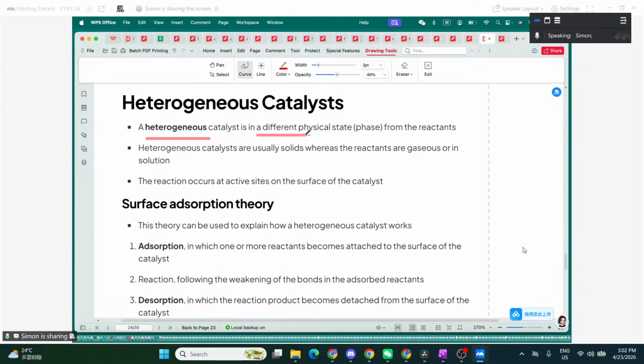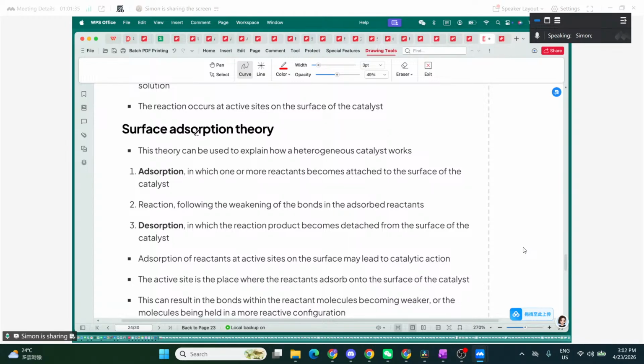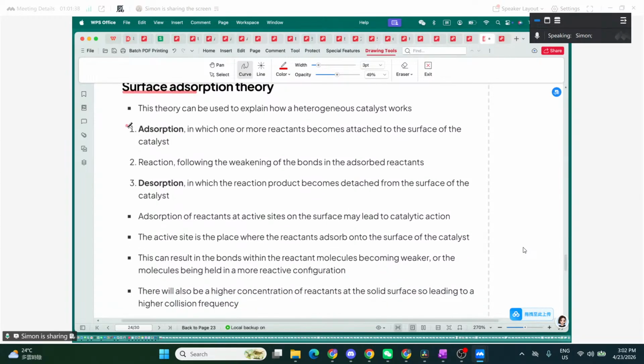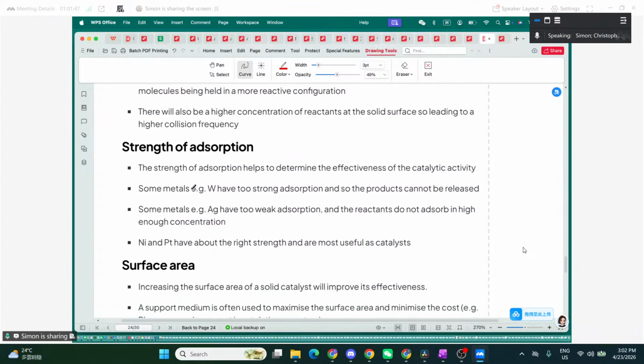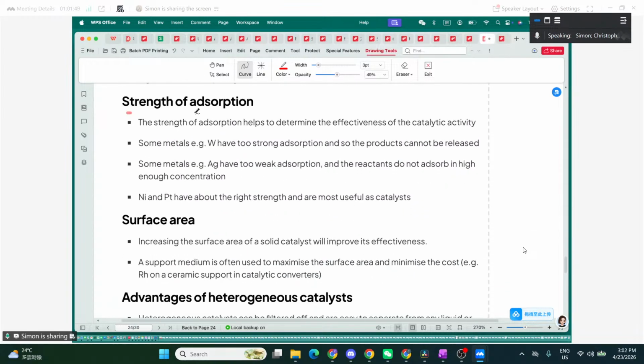On the surface, there are first adsorption, second reaction, and the third one is desorption, right? Another factor is the strength, which helps determine the effectiveness of the catalyst activity.